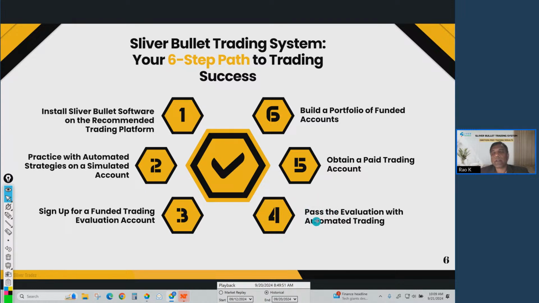So it makes life easy. And then once you pass the evaluation of that funding provider, you are eligible to get a paid trading account. Here you were paying a monthly subscription, and here you will be paying a one-time fee of about $150 to get the paid trading account.